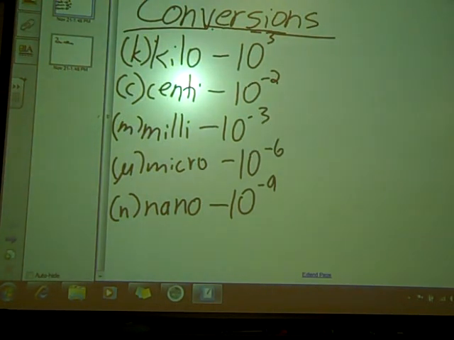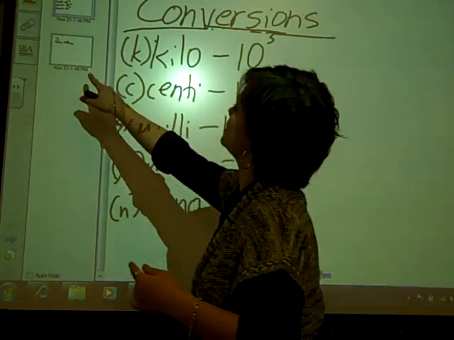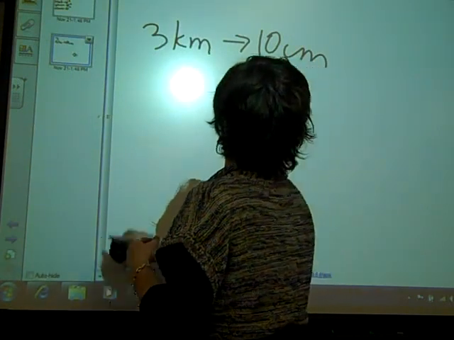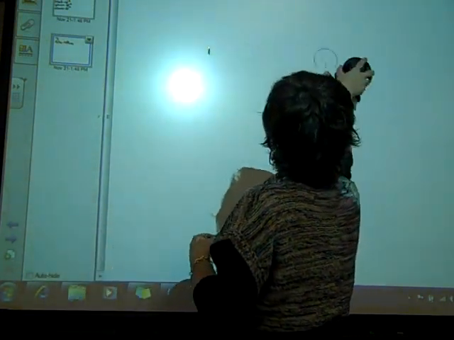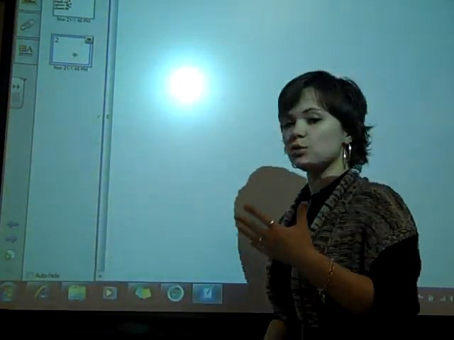You may have seen these done as a number line. I prefer to write them as equivalent statements, which I will show you here in just a moment. Any of these prefixes can be put on any of the metric units. So grams, liters, meters, those are the most common. So I prefer to write these, again, as equivalent statements.